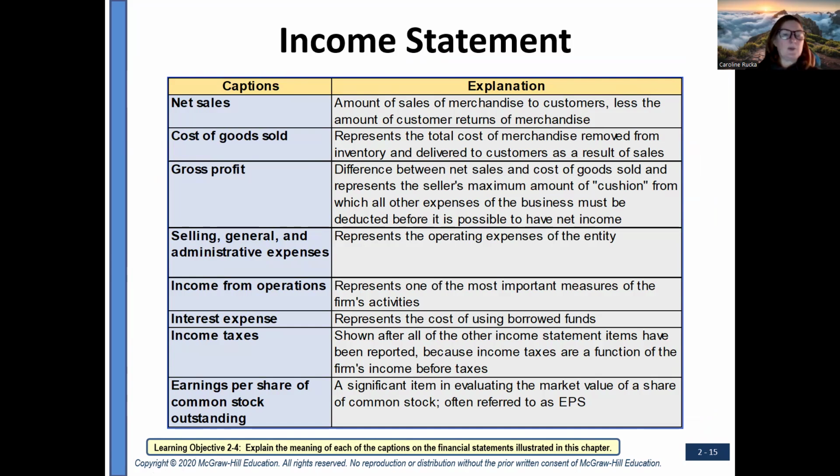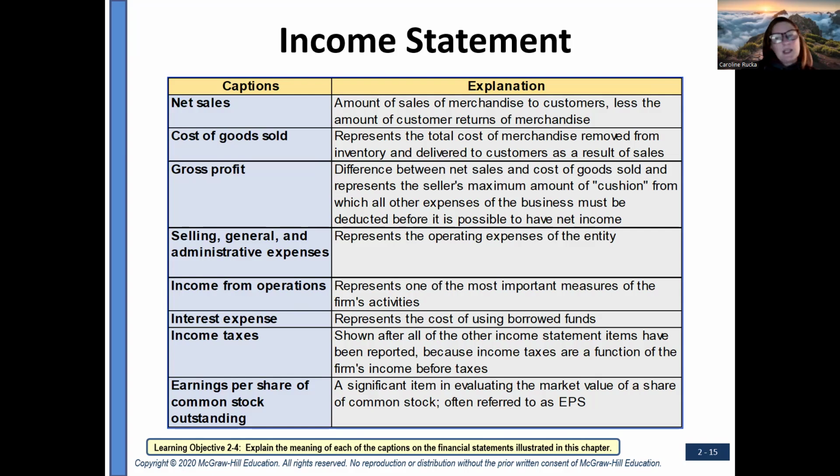The difference between those first two is gross profit. Selling, general and administrative expenses, those are our operating expenses. And income from operations is when we subtract those additional operating expenses out of gross profit.